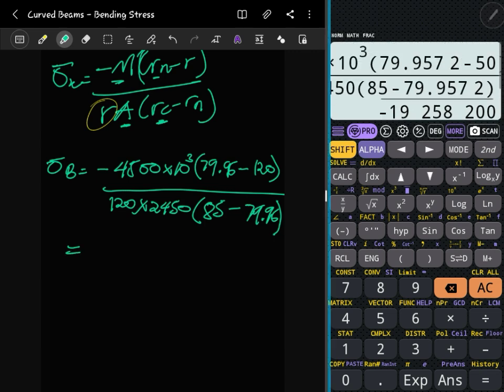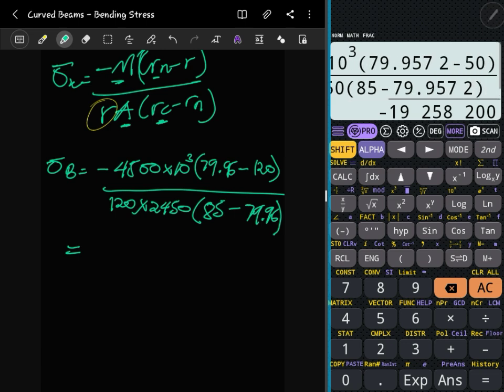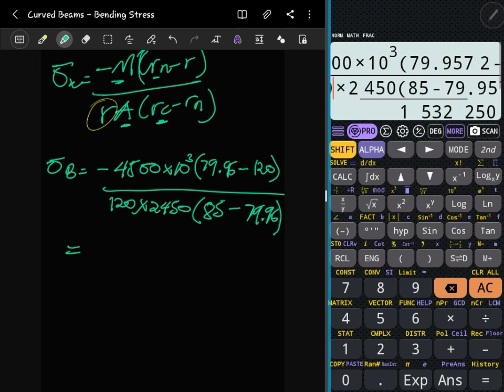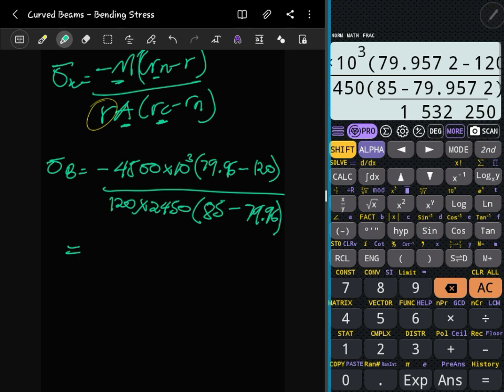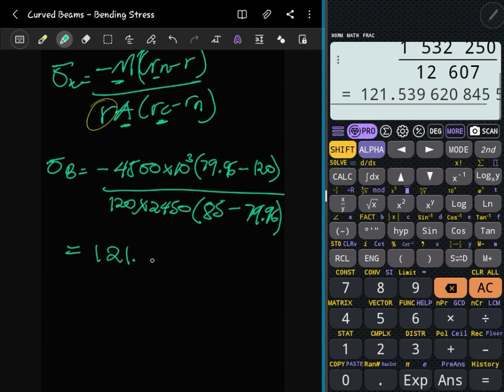So the only thing that we are changing here is R, which now is 120, and R changes here as well, 120. Area is the same, Rn is the same, RC is the same. So what do we have? We end up getting 121.5396 megapascal.